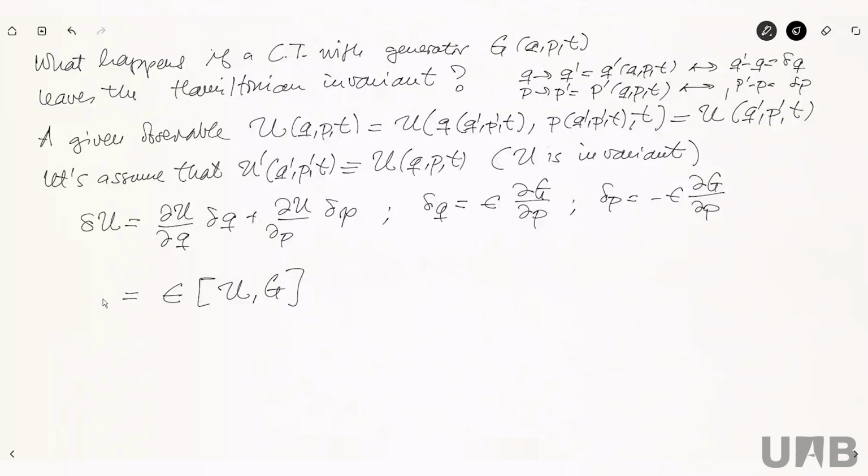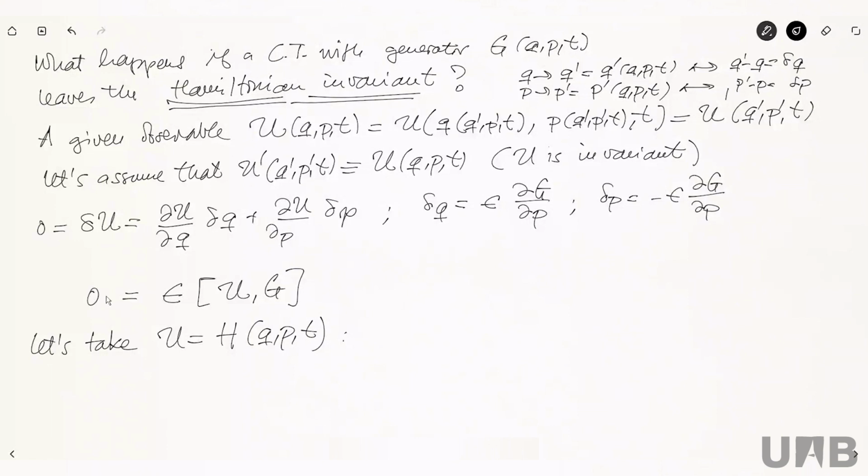Now we are going to go back to this statement. Imagine that the Hamiltonian is invariant. So let's take the previous result for the Hamiltonian. U is now the Hamiltonian itself. And obviously, I forgot to say one thing here: if U prime is the same as U, this is of course 0.